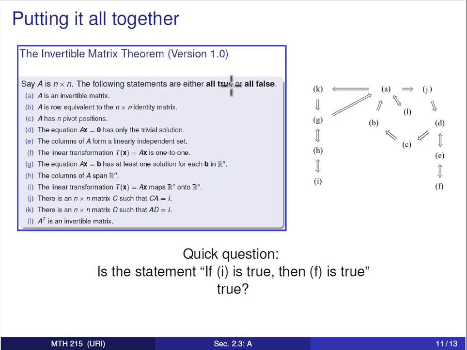Okay, now remember, if we're proving an if and only if statement, you have to show that if one of these statements is true, then any other of these is also true. So if I wanted to give a complete proof of this, I would need to prove that if I is true, then F is true.